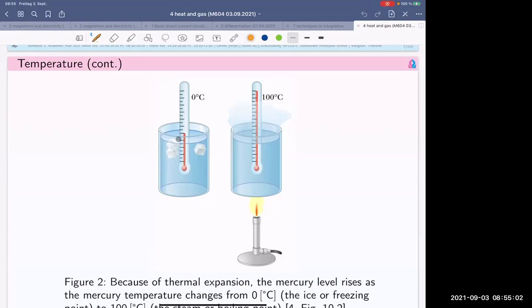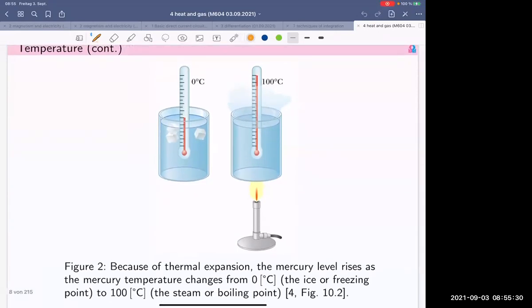If you leave the ice in this one, you will get 0 degrees Celsius, because there is no heat at all, and the heat from outside gets into this area, you will get 0 degrees out of the thermometer. All right, that's the basic side you have met in Mathematics 3 or something like that.